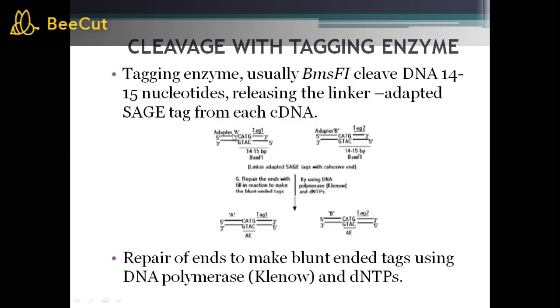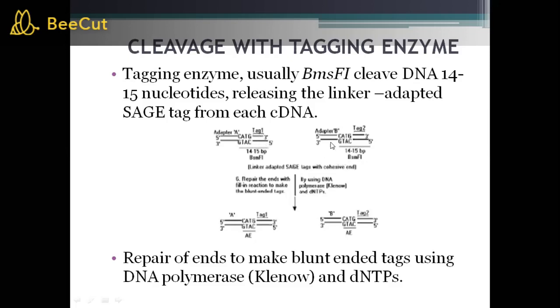Here you can see this is adapter A, that particular sequence, the anchoring overhang, that is CATG, and a further 10 to 15 nucleotide sequence that we can consider as a tag, which is obtained from that particular cDNA.